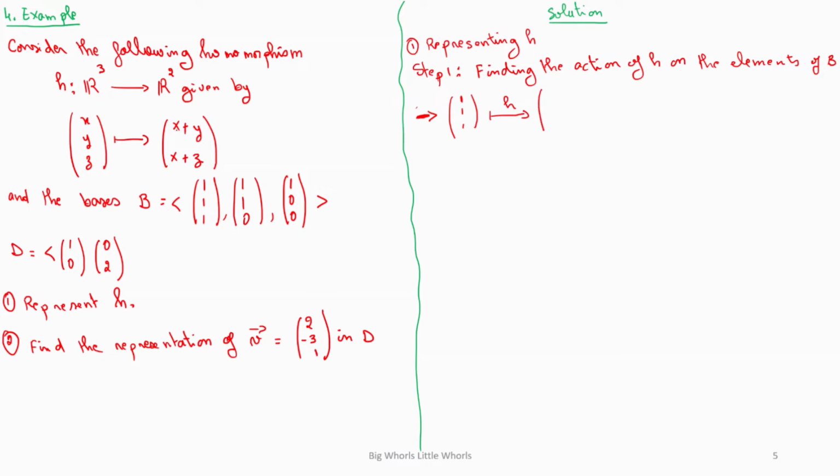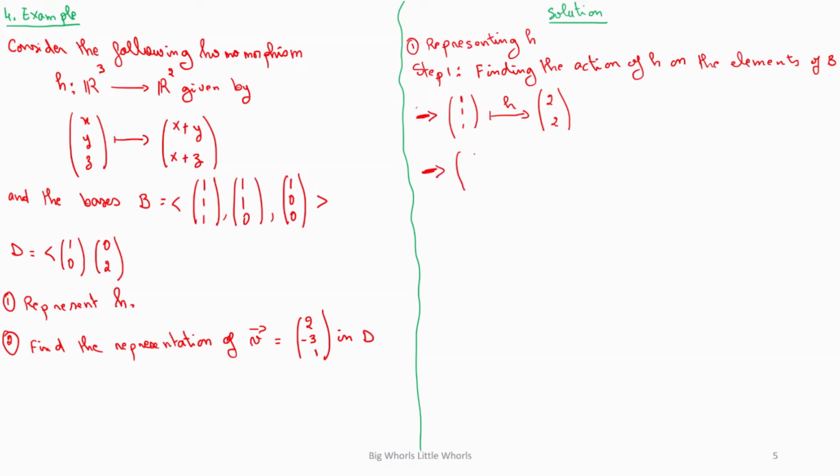It takes the first component and adds it to the second component. So 1 plus 1 is 2. It takes the first component and adds it to the third component. So 1 plus 1 is 2. So that's the action of H on the first element of the basis B.